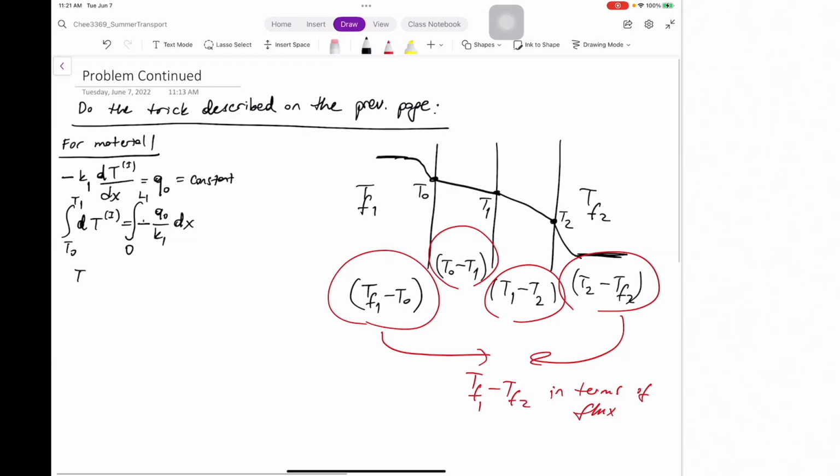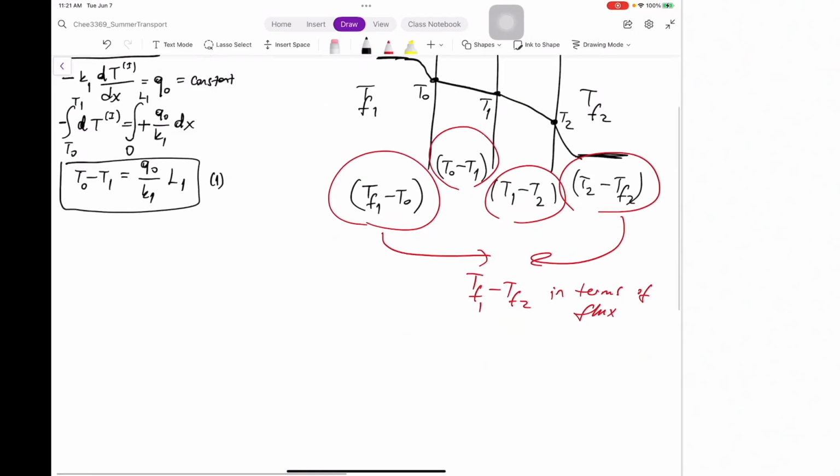So let's make this minus. This is going to be T0 minus T1 is equal to Q0 over K1 times L1 minus 0, which is L1. Let's call this equation 1.